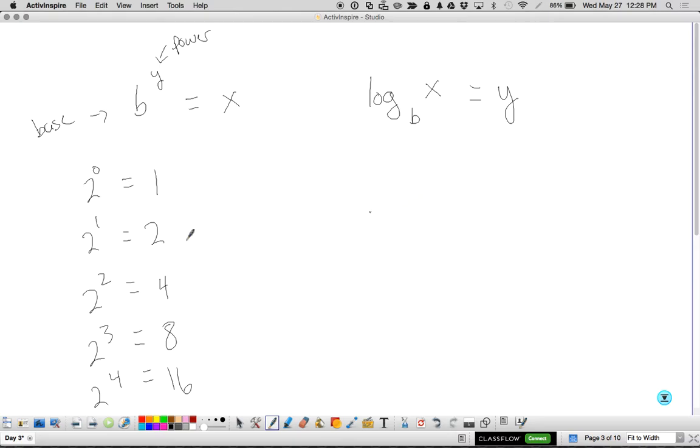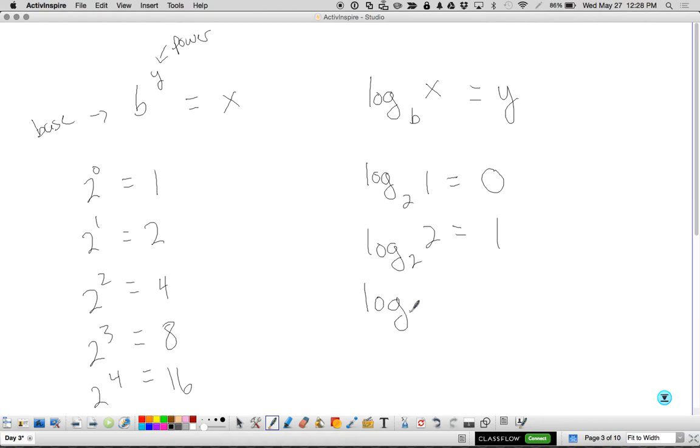Okay, so in 2 to the 0 equals 1, log base 2 of 1, so the x value is 1, is going to be 0. Log base 2 of 2 is going to be 1.